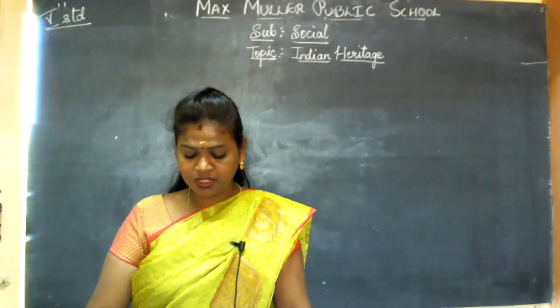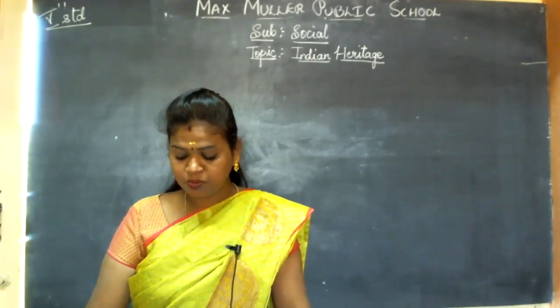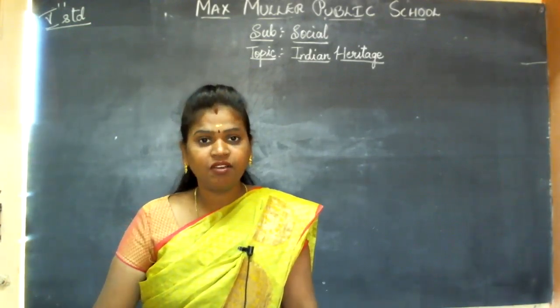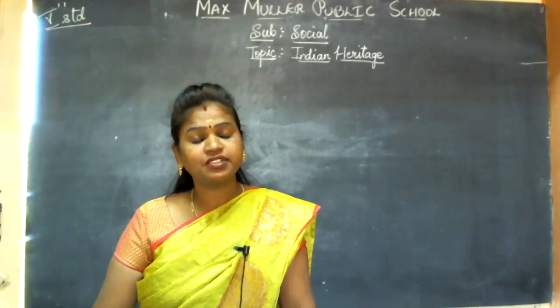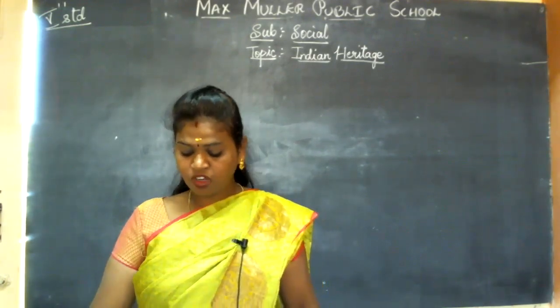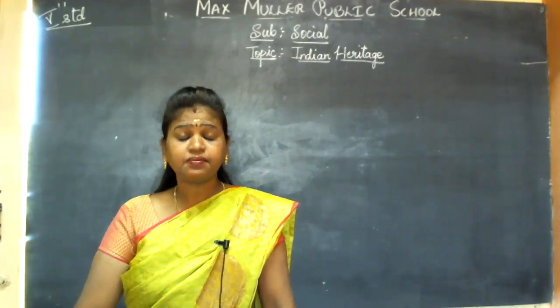And this took 30 years to complete and it was built in the year 1199 CE. It got started in the year 1199 CE and it got over in the year 1220 CE.